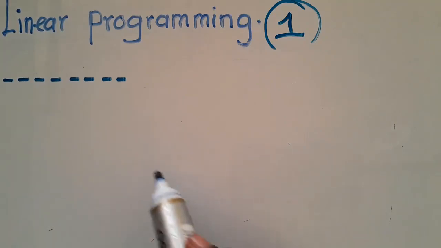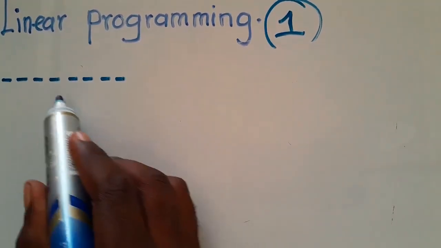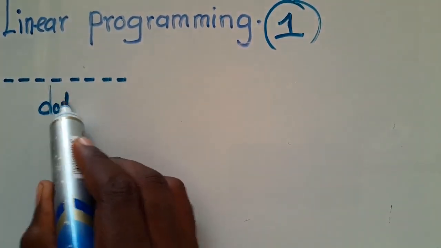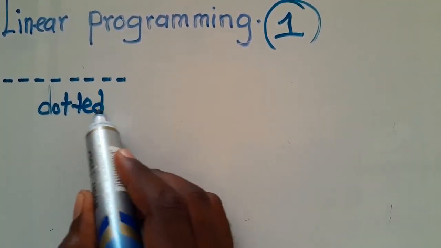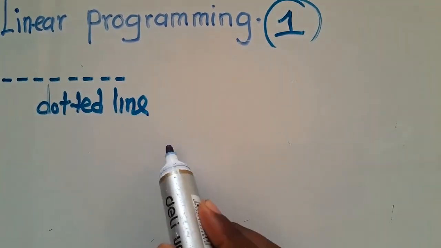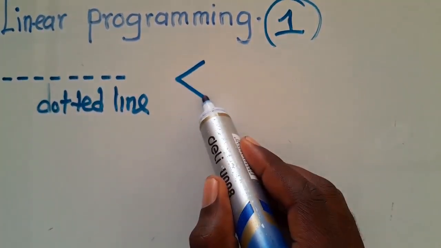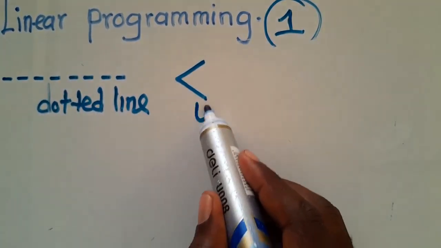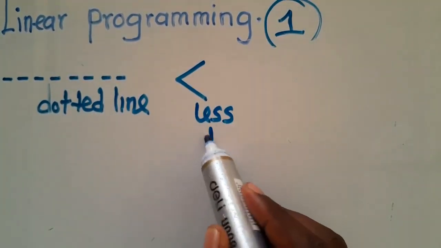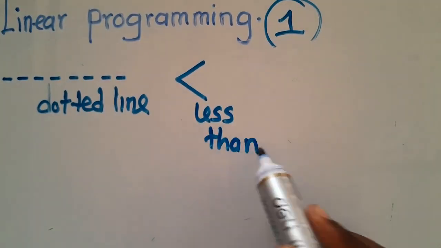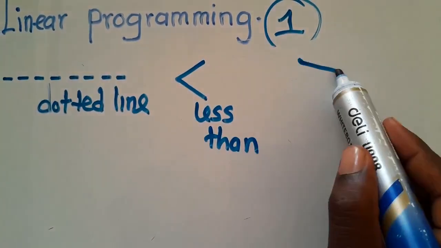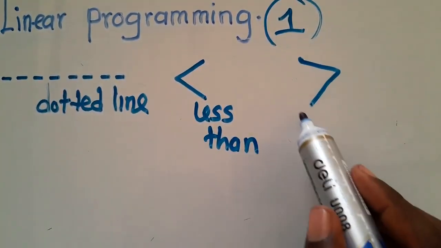When you see a dotted line like this, what does a dotted line mean? A dotted line means less than. This is the symbol for less than. Maybe someone doesn't know this symbol: it is less than. You may have this other symbol. What is the name of that symbol?